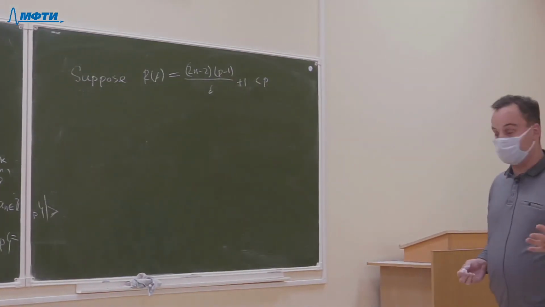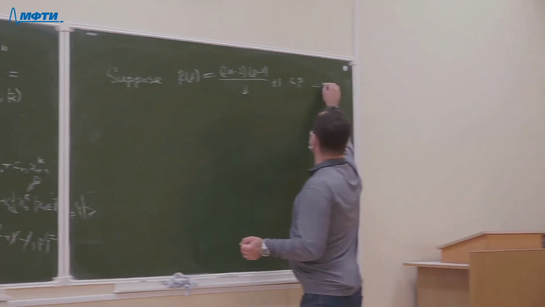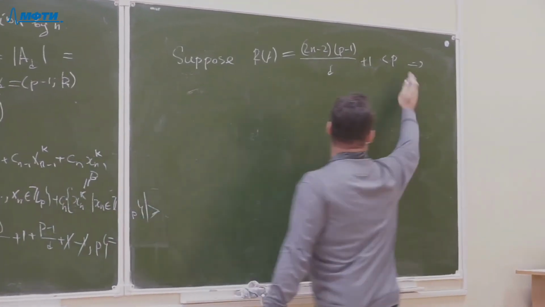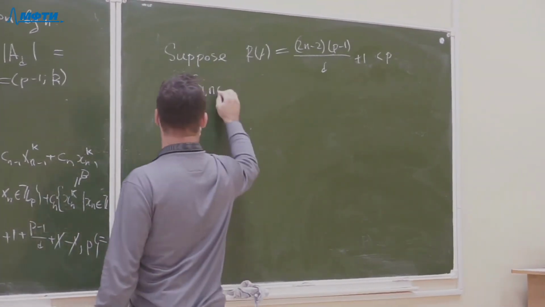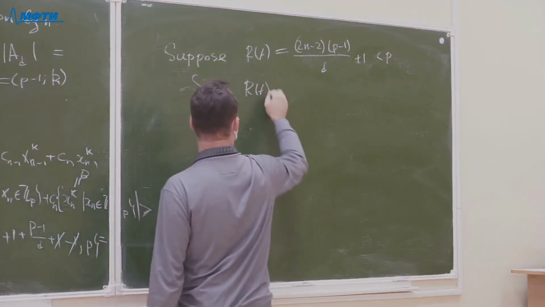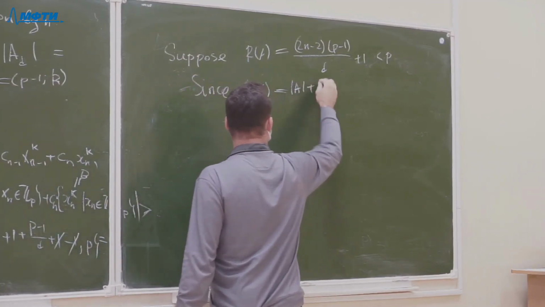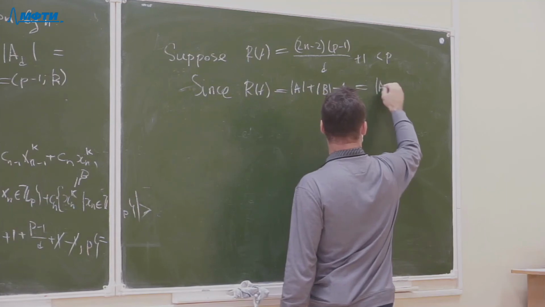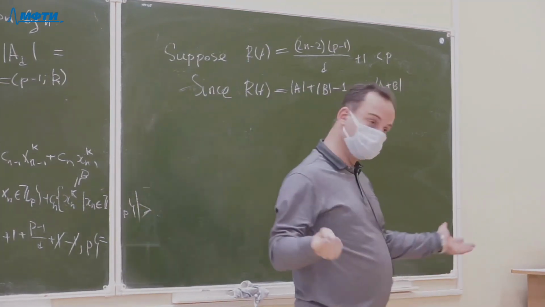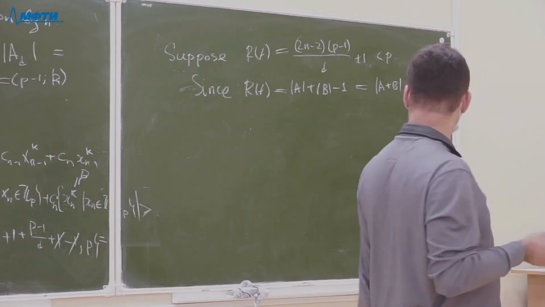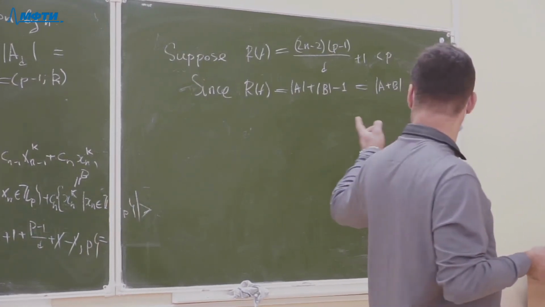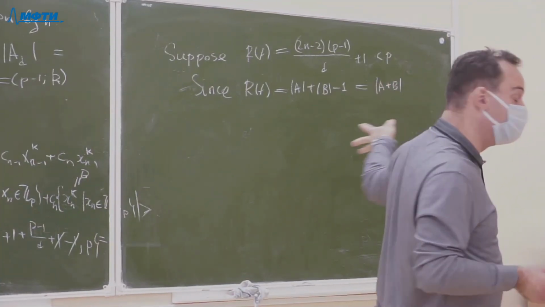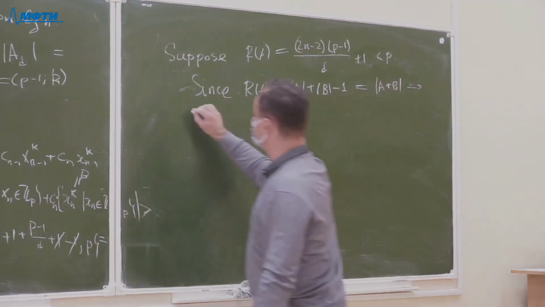Well, which means that since the range of the form is size of A plus size of B minus 1, which is the size of A plus B, we just get that AB is a critical pair.